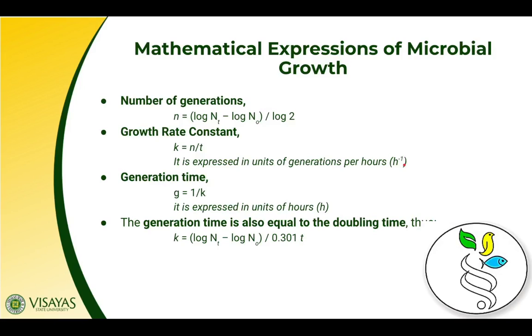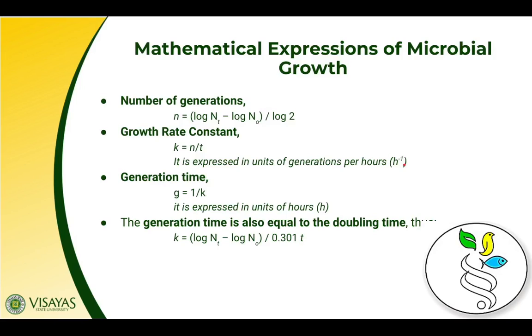Okay, so you have here an example of a problem. Escherichia coli divides every 20 minutes. You inoculate a culture, meaning you transfer a culture, with exactly 1,000 bacterial cells. After 3 hours, how many bacteria are present? So E. coli divides every 20 minutes.